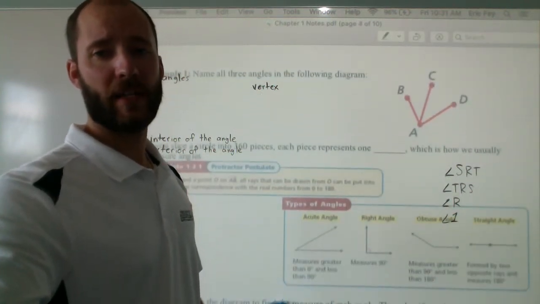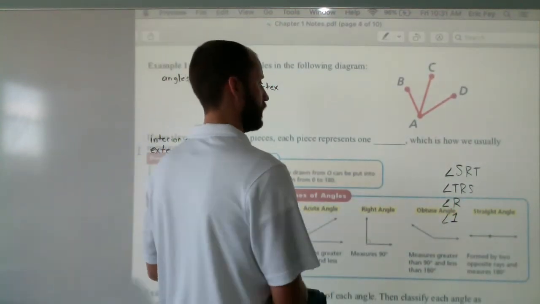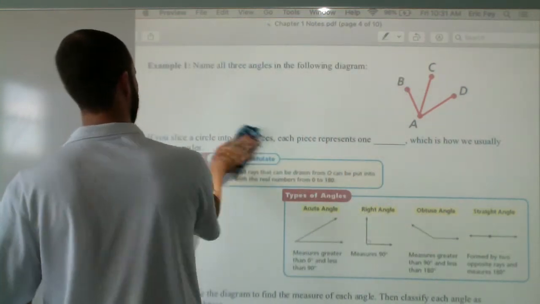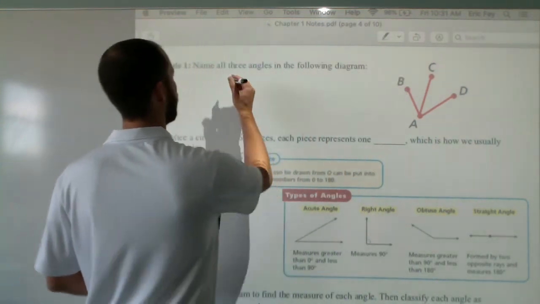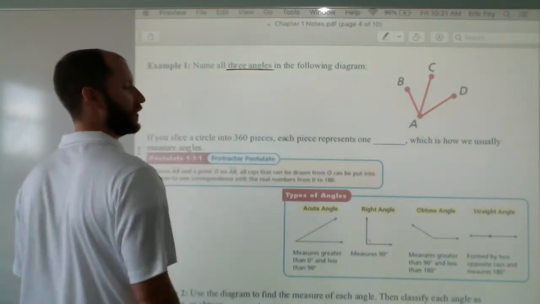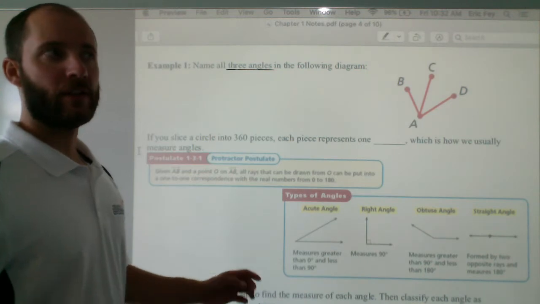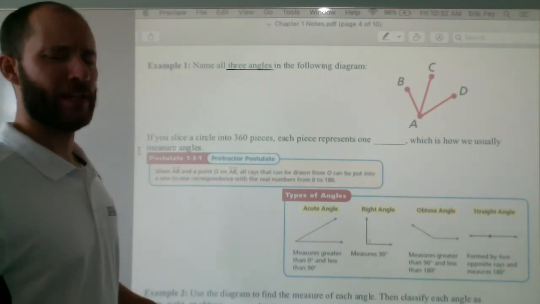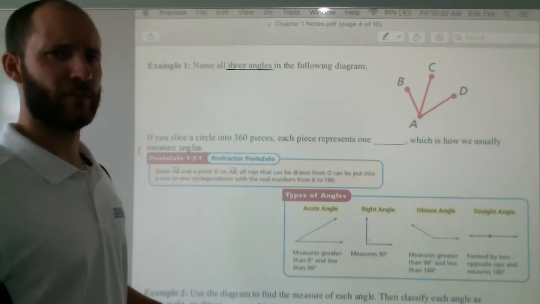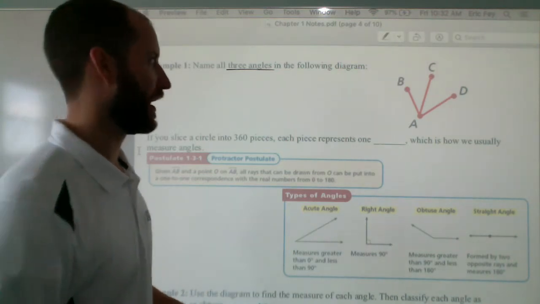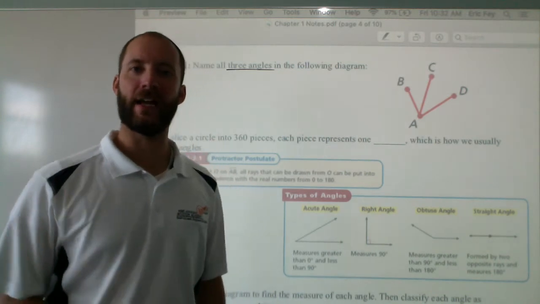So if we go down here, kind of giving it away here, name all three angles in that diagram. There is one very wrong way you could do this, and that is if you said angle A. Because here's a problem with that. There's three angles in this diagram.